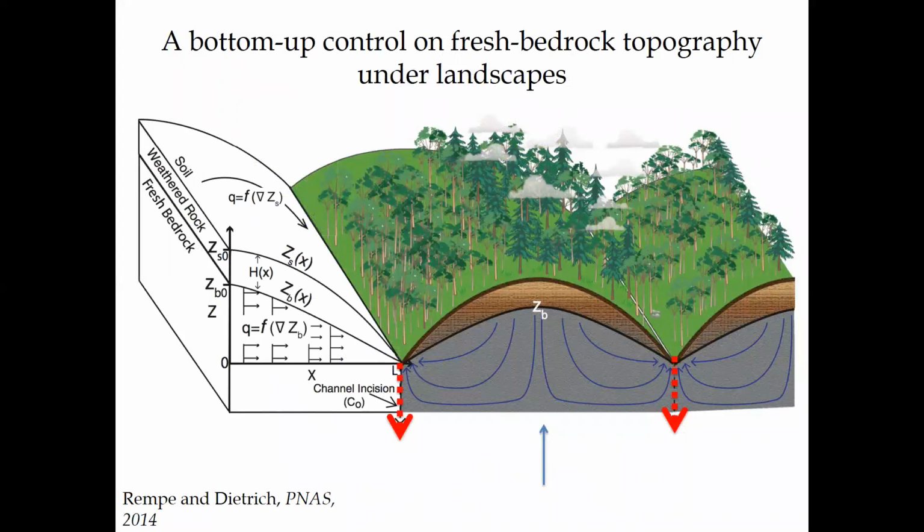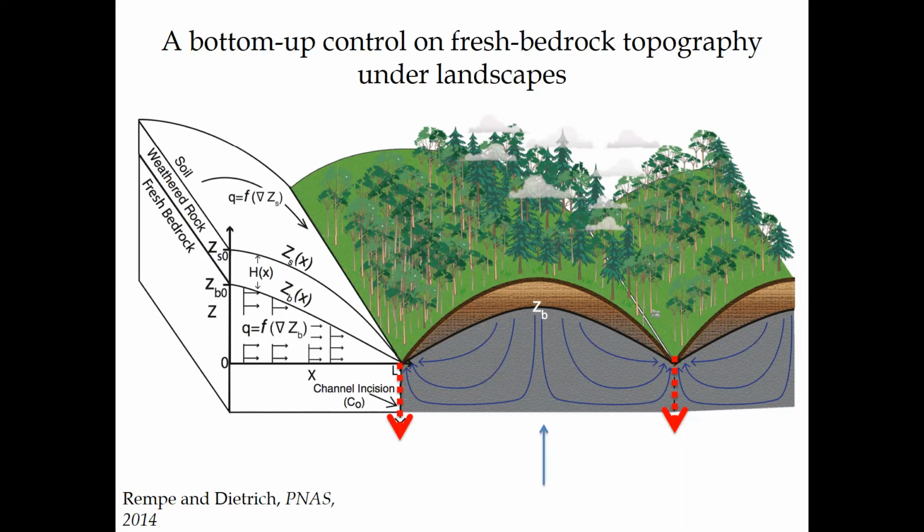Again, as I said, one of the great discoveries of the critical zone observatory network is the fact that there is a lot of moisture held in rock tens of meters below the surface. One of the great contributions in this area is Rempe and Dietrich, 2014.